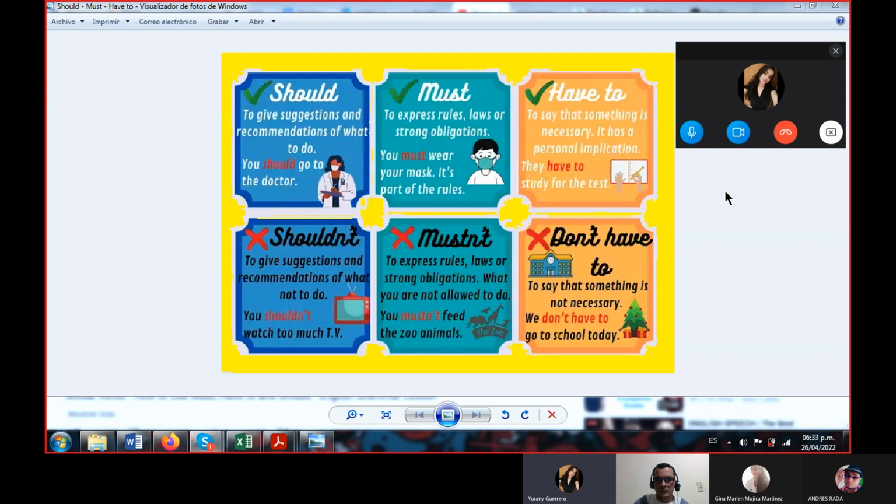The modal verb must. Okay, Andres, tell me. What do you understand about the modal verb must?